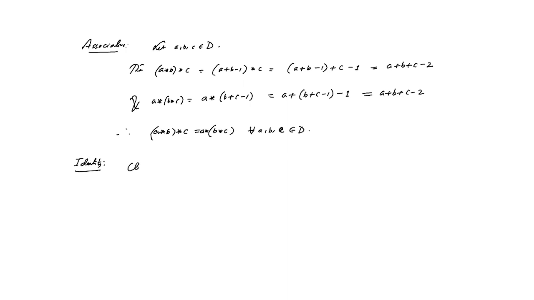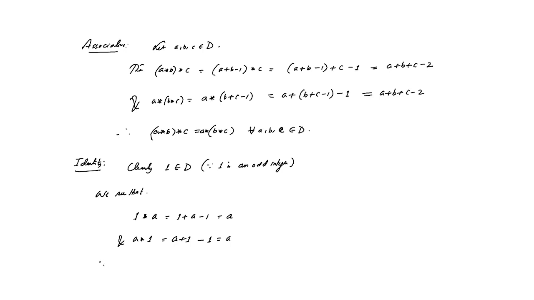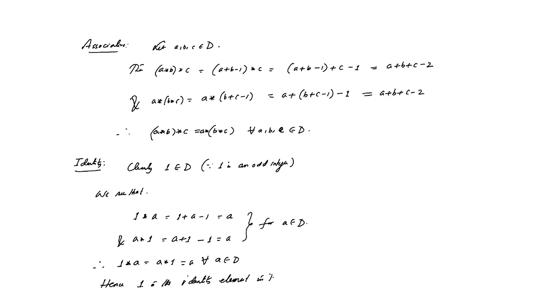Clearly, 1 is an odd integer, so 1 belongs to D. And we see that 1 star A means 1 plus A minus 1, which is A, and A star 1 is A plus 1 minus 1, which is again A. So therefore 1 star A equals A star 1 equals A for all A belonging to D. Since A is arbitrary, this relation holds, and hence we can conclude that 1 is the identity element in the set of odd integers.